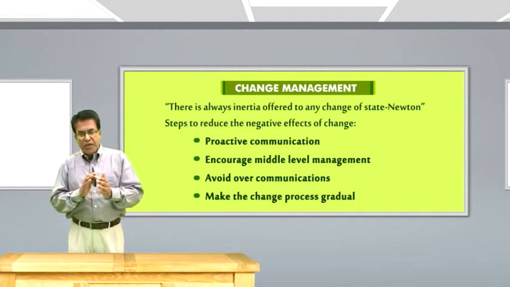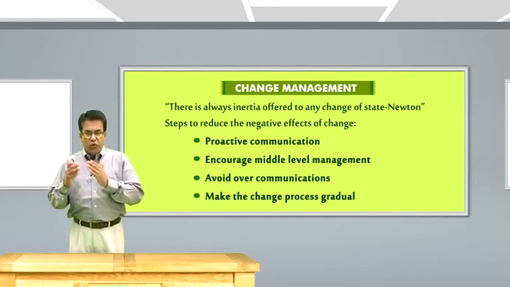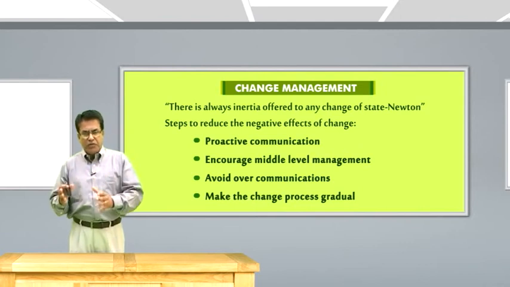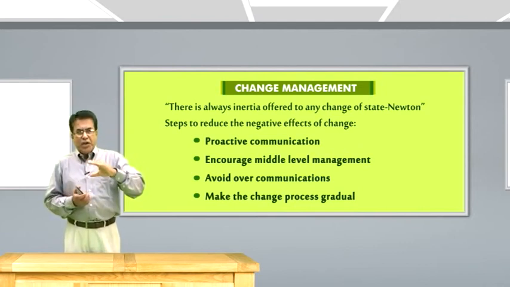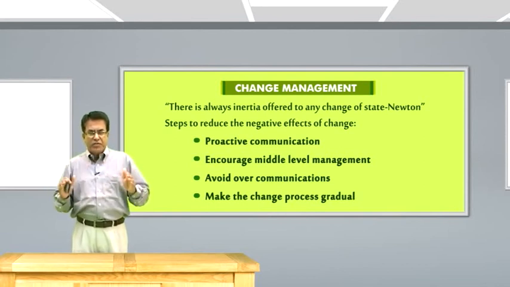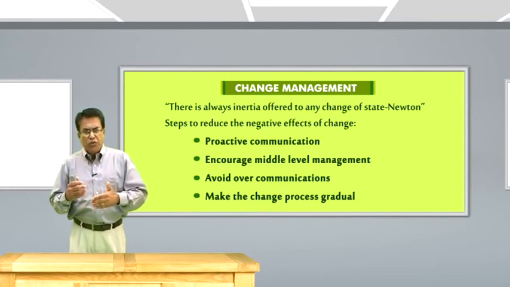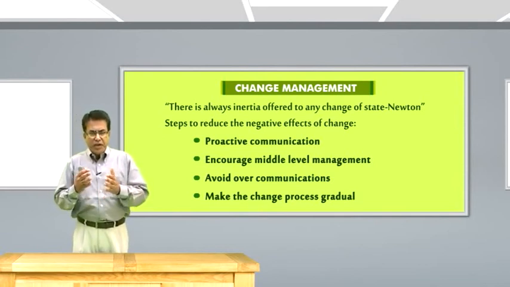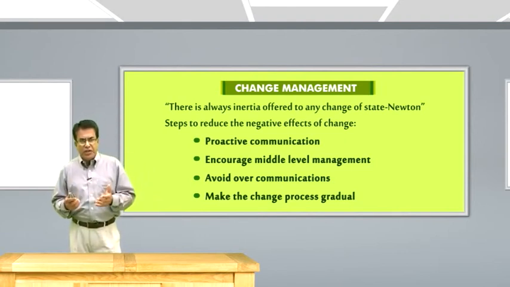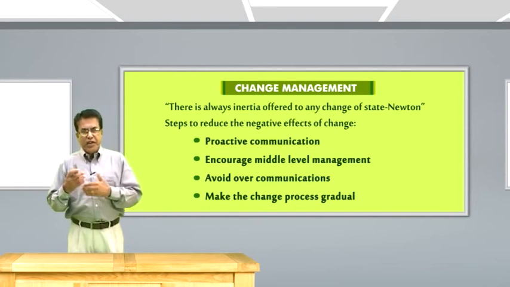But at the same time, a manager should realize he cannot entirely do away with grapevine communication. It always exists, but it has to be managed properly so that it does not create chaos in the organization.